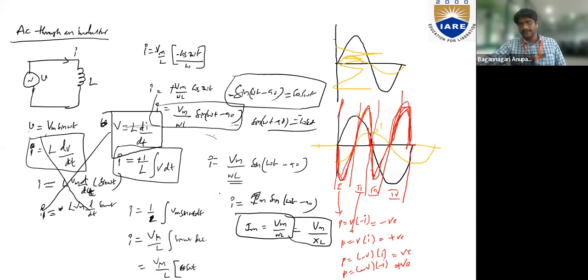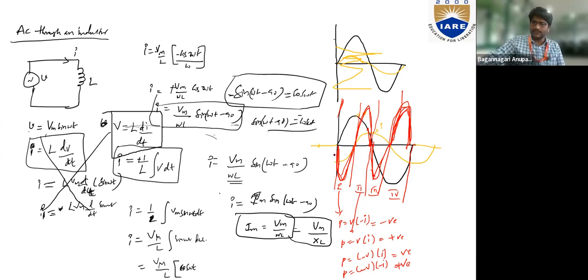Whereas here, the current in the first section is negative. That means the power is flowing from load to source. In the second section, it is positive. What does it indicate? The power is flowing from source to load. Now in the third section, it is reversed. That is, power is flowing from load to source. And in the fourth section, it is positive. That is, power flows from source to load.